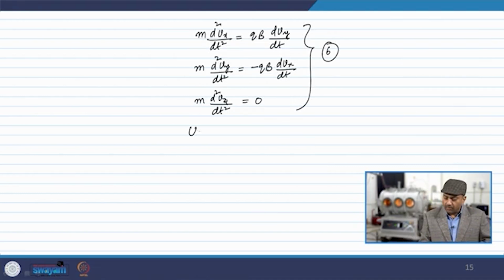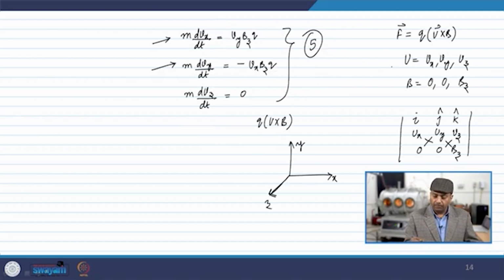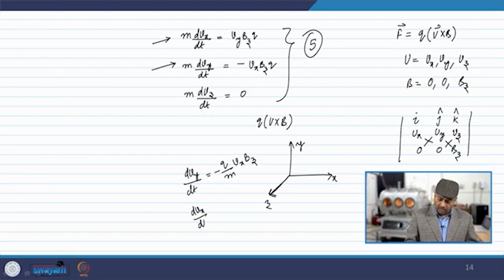Now, using 5 in 6, how are we going to use it? We have from the last equation, dvy by dt is minus q by m vx Bz, and dvx by dt is q by m vy Bz.